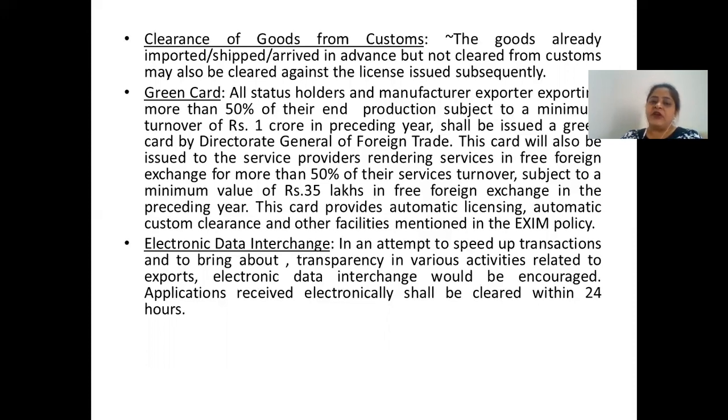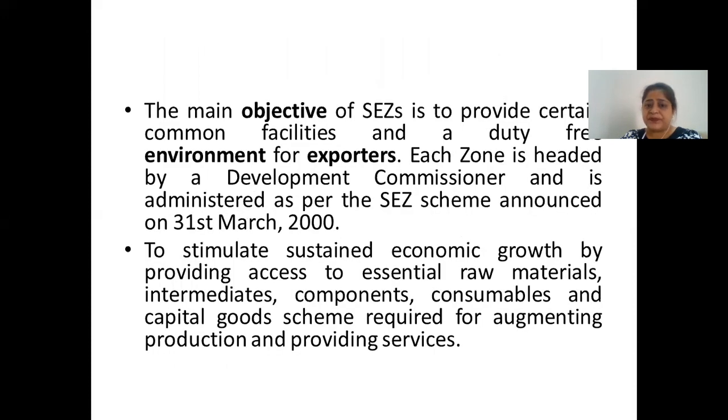And similarly, electronic data interchange is also allowed. If certain applications are there, the online portal has been opened for the license or for other applications and documents required for the clearance or for sending the goods to the other country. These things are allowed.